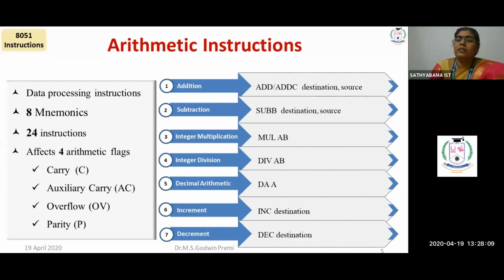And what are the operations we can perform with arithmetic instructions? That is addition, subtraction, integer multiplication, integer division, decimal arithmetic, then increment and decrement. So these are all the 7 operations we can perform. In the addition operation we have 2 mnemonics, ADD and ADDC, which are called the opcode, operational code, or mnemonic.